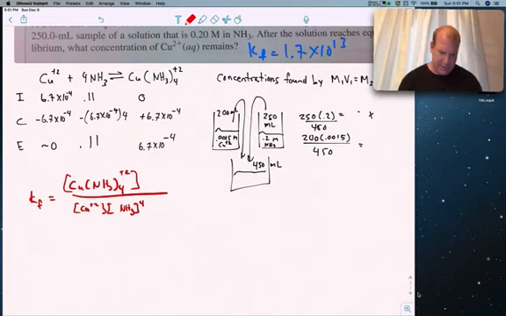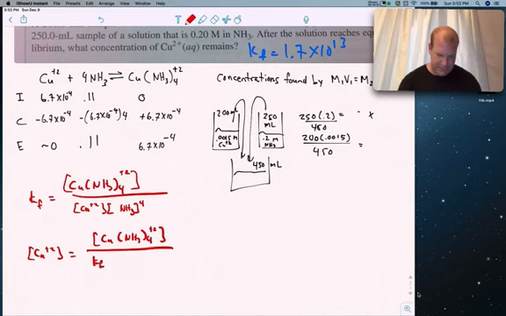Since we're solving for Cu2+, we can say Cu2+ equals the Cu(NH3)4 2+ concentration over the Kf times NH3 to the 4th power. That's a 4. So let's put it in there.